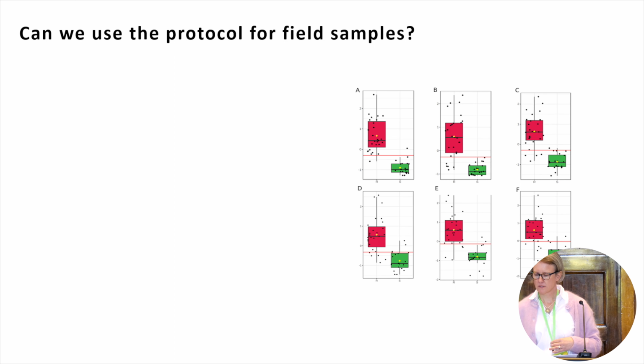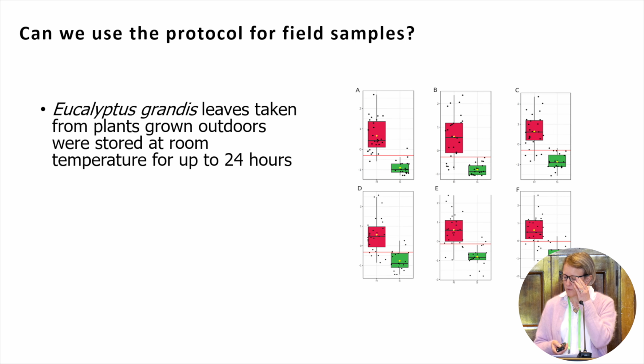So in the last step of this analysis, I wanted to find out more about whether we could use metabolomics as a protocol for field sample testing. So we took some leaves from plants that were grown outdoors, and we stored them at room temperature for up to 24 hours, just to see whether those metabolites would be stable.